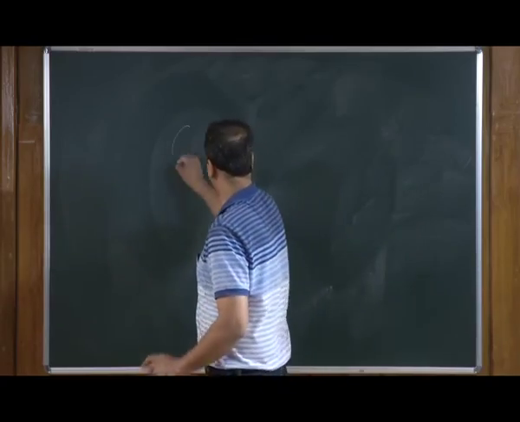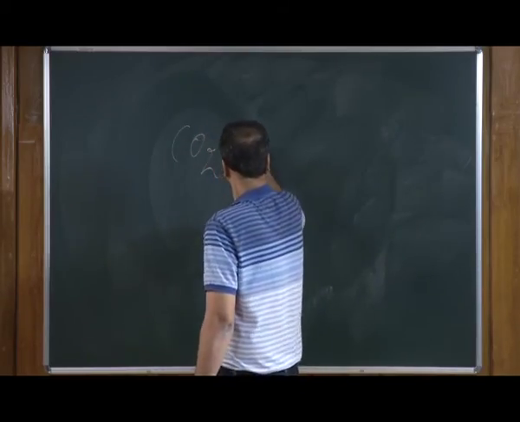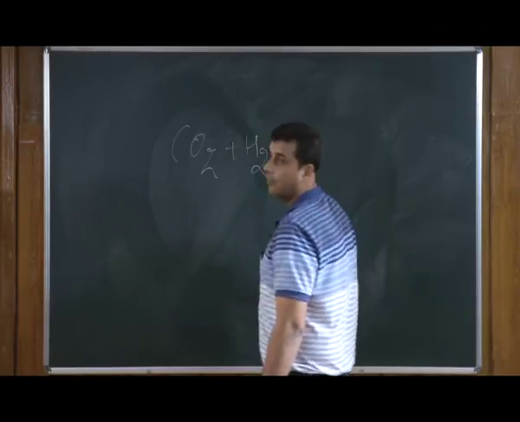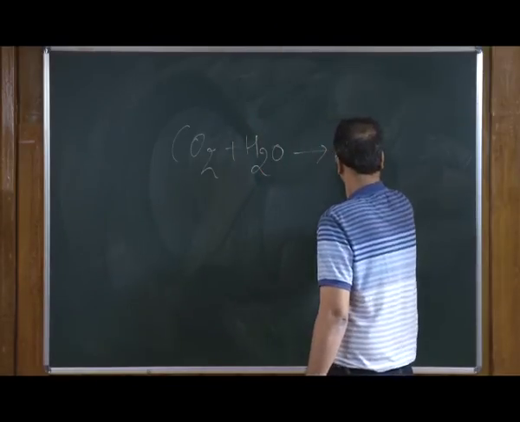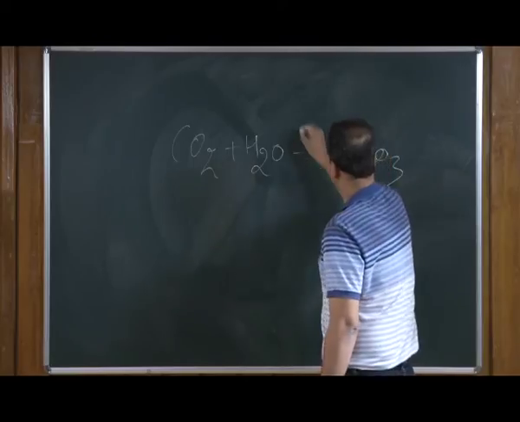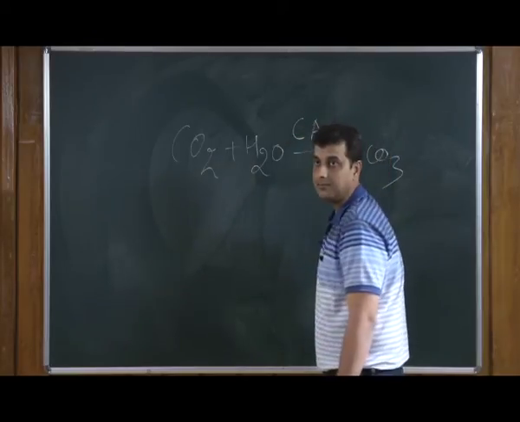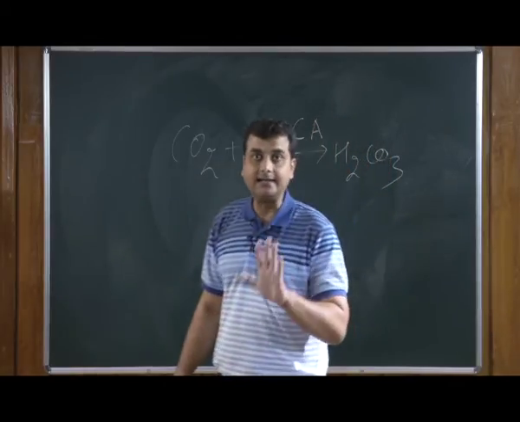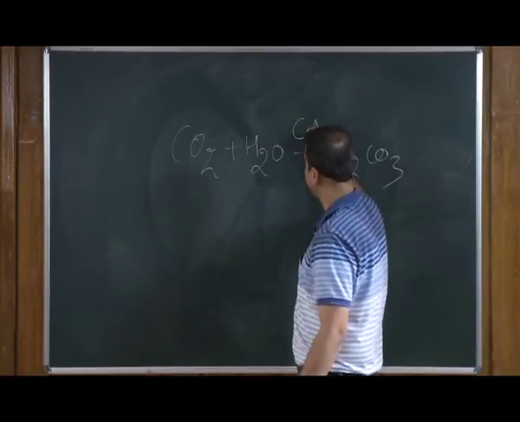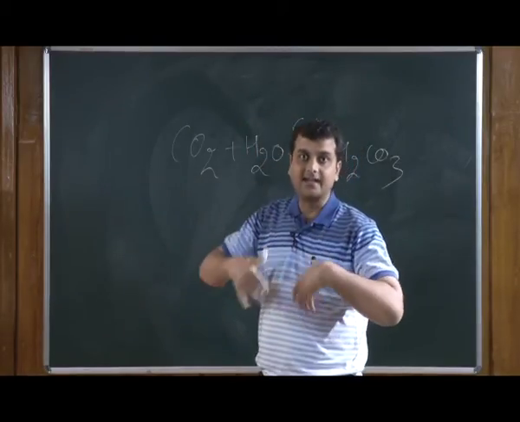What is happening here: CO2 is combining with water to form carbonic acid by the carbonic anhydrase enzyme. Remember, this is a zinc containing enzyme. So, zinc is very important in order to give activity to this enzyme.